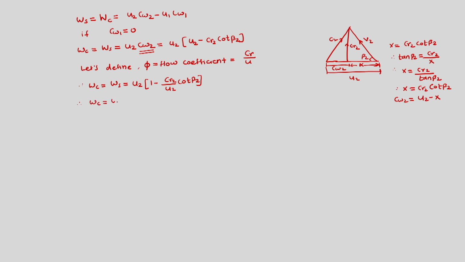So we have WC is equal to WS is U2 square into 1 minus phi 2 into cot beta 2, and in this case suppose beta 2 is equal to 90 degree, that means radial vanes. We have WC is equal to WS equal to U2 square.